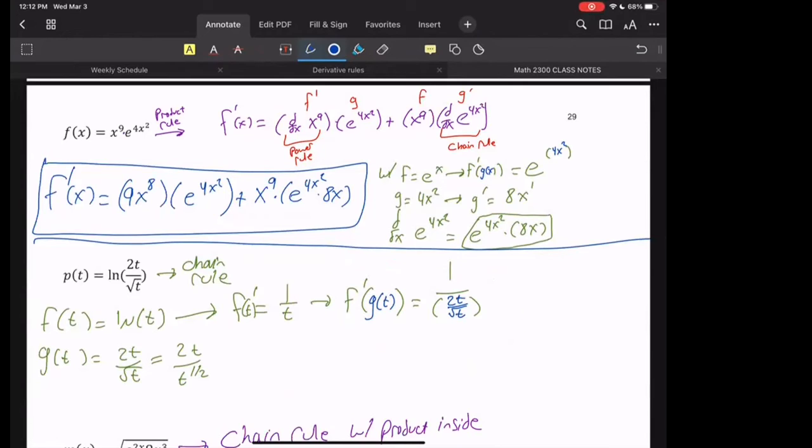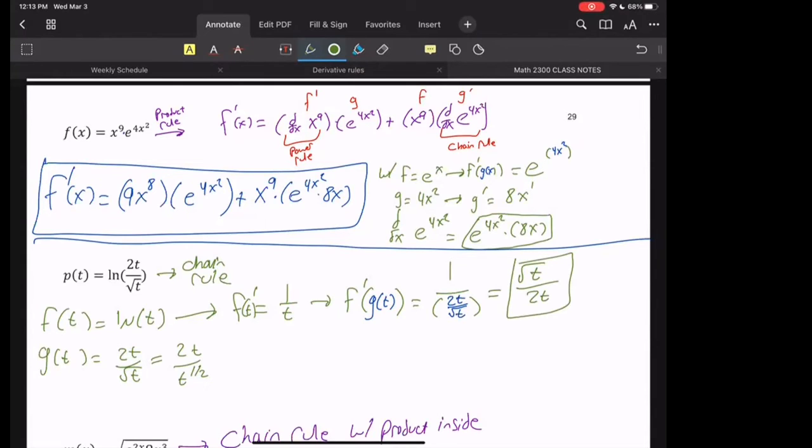How does that simplify? If you have 1 over a fraction, what do you do there? You just flip it. Yeah, exactly. You multiply by the reciprocal. And so this is one of the pieces that we're going to use, right? This is the f prime of g.